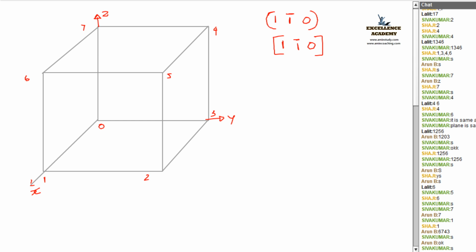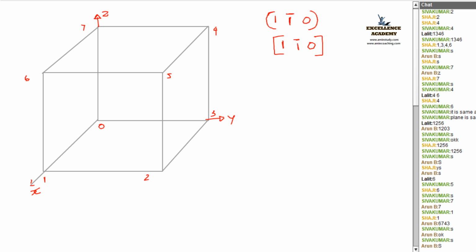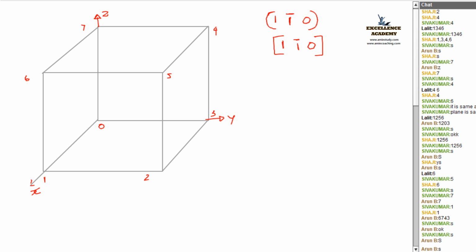Give me the answer for the plane. Is it necessary to shift the origin? If yes, where is that point?